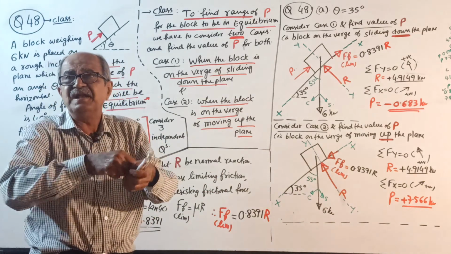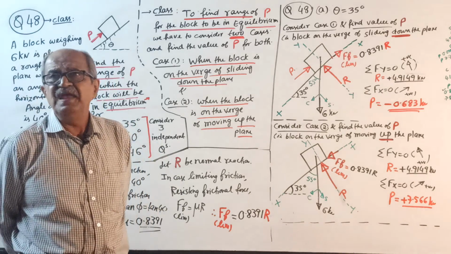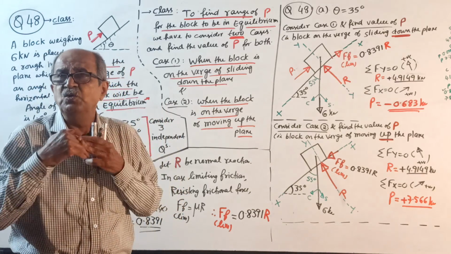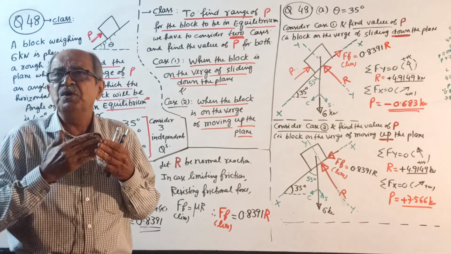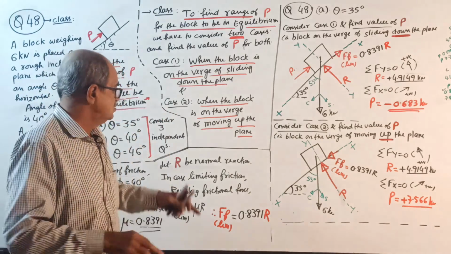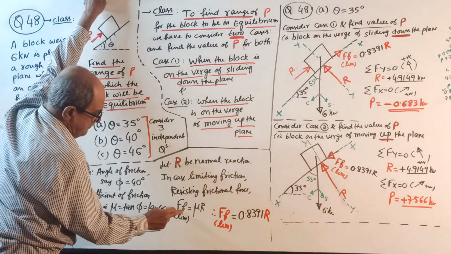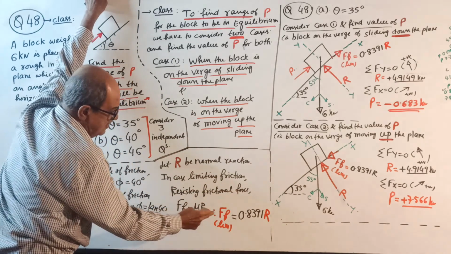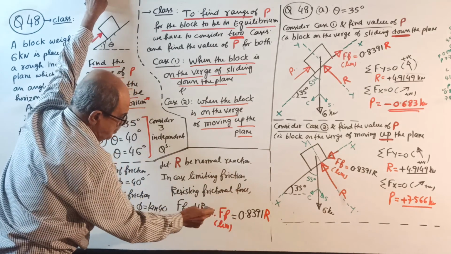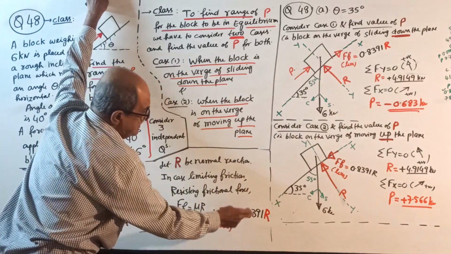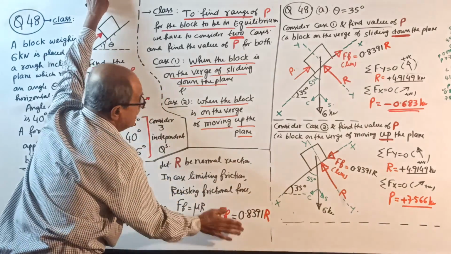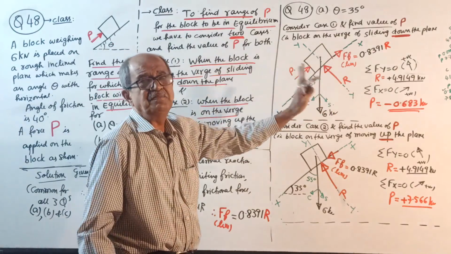Means, in the bracket write: the body is either on the verge of sliding down or on the verge of moving up. Why, I will tell you later. So everywhere limiting friction, resisting frictional force F_F limit equal to mu R. So F_F limit equal to mu into R, 0.8391 R. This is the common part, all the questions same.